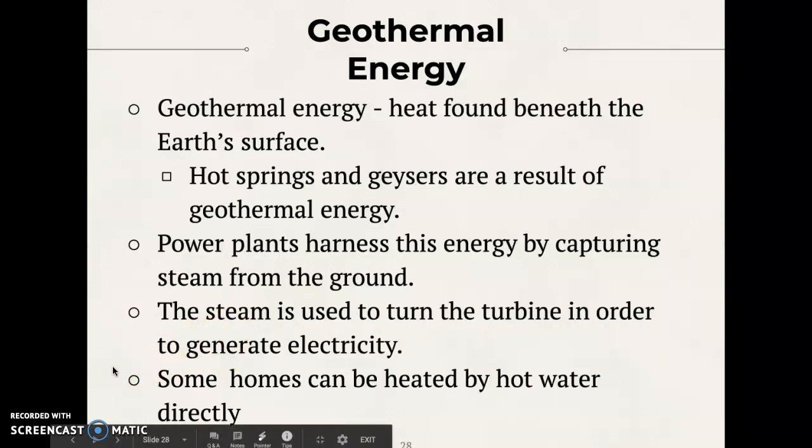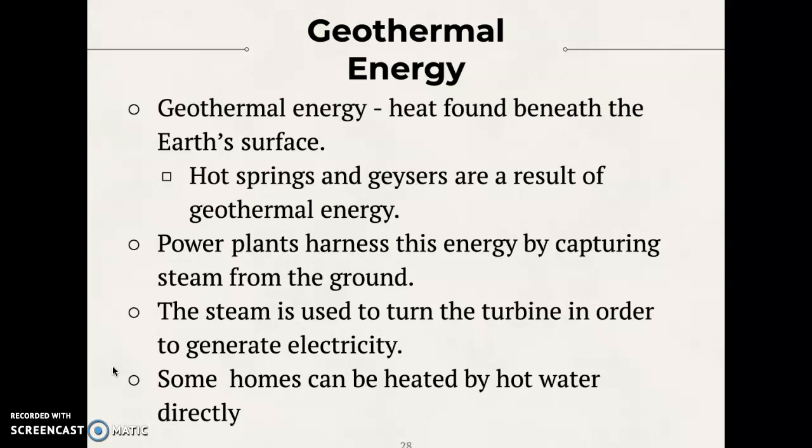Geothermal energy. Geothermal energy is heat found beneath the Earth's surface. So geo, remember, meaning earth or rock. Thermal, it's usually heat. So that's how you kind of put those two together. So two ways that you kind of see these things are hot springs and geysers are a result of geothermal energy.